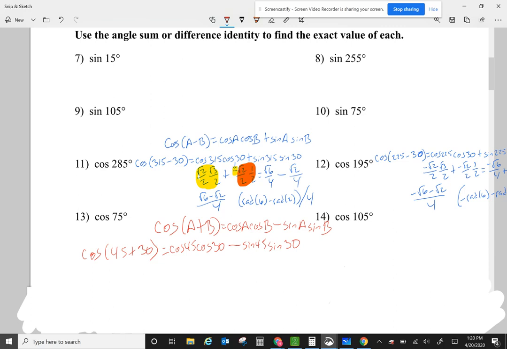Cosine of 45 is radical 2 over 2. Cosine of 30 is radical 3 over 2. Minus sine of 45 is radical 2 over 2. Sine of 30 is 1/2. So I have radical 6 over 4 minus radical 2 over 4. So that gives me radical 6 minus radical 2 all over 4.